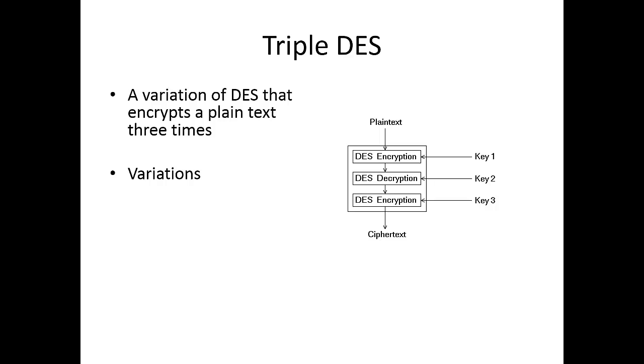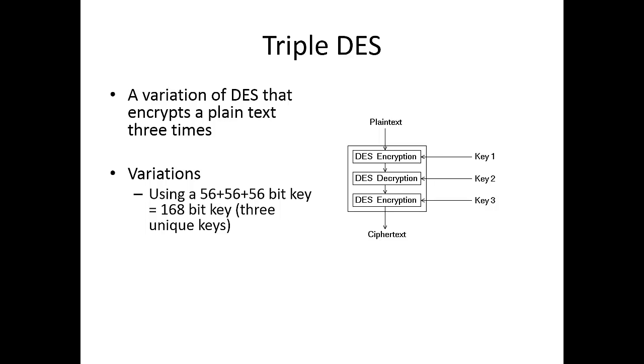So triple DES, like I said, is a variation of DES that encrypts plain text 3 times, but even triple DES itself has some variations. The first variation is where you use 3 different keys to do the encryption 3 times, as you can see here.